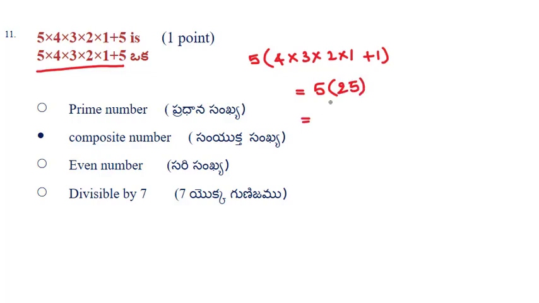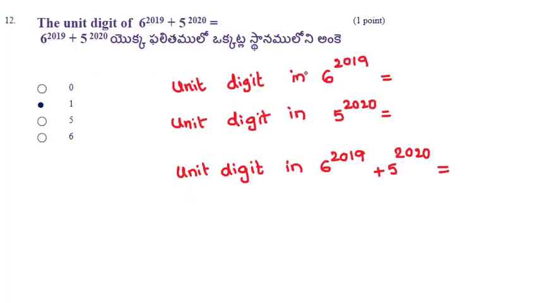So the number is 5 into 25, that equals 125. So it is not a prime number, it is not an even number, it is not a multiple of 7. So it is a composite number.